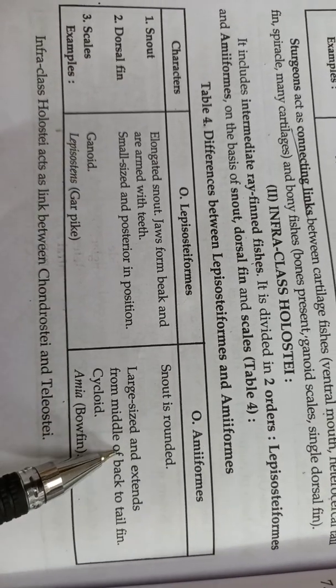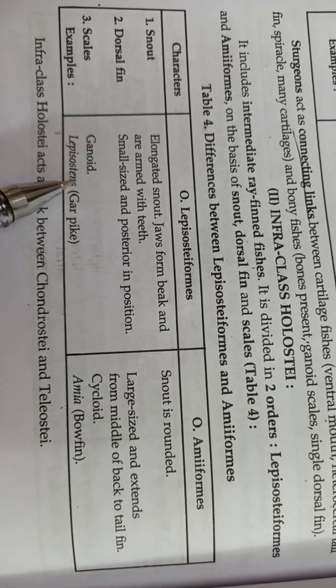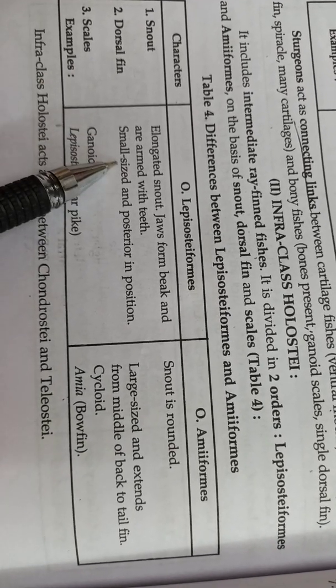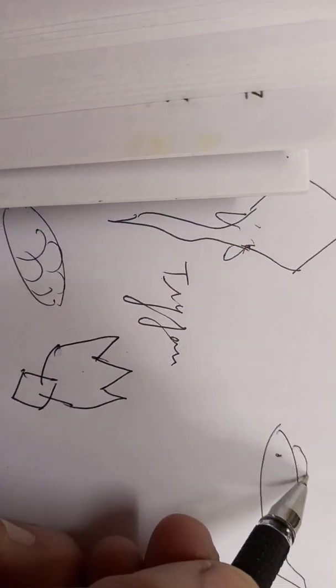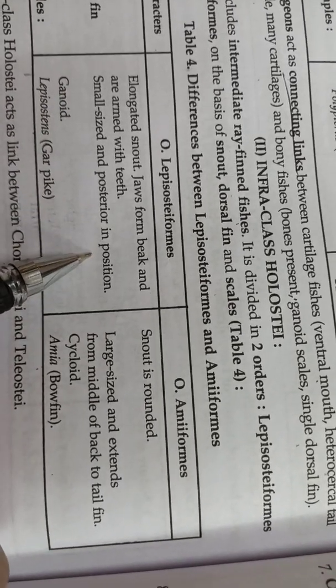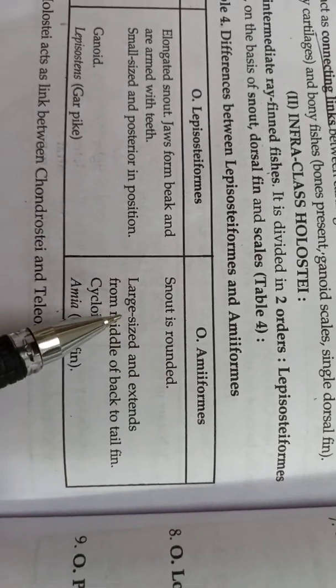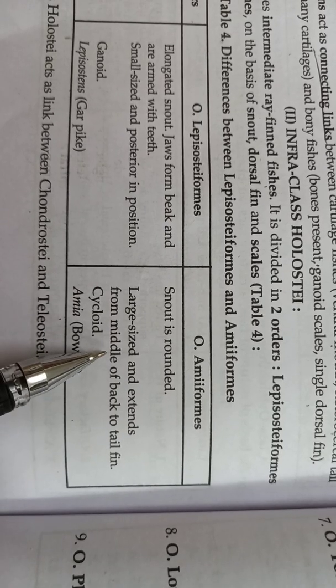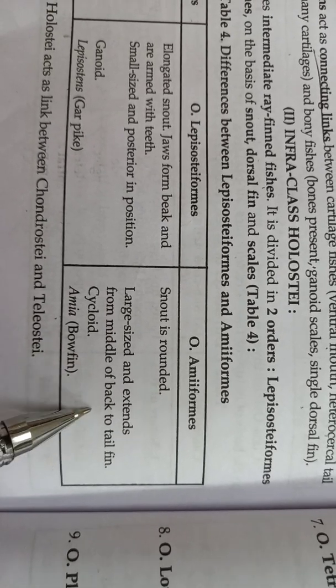Here we have ganoid scales, and here we have cycloid scales. Now the dorsal fin is the fin which is present on this side; this is the dorsal side of the animal, and this is the ventral. Here the dorsal fin is small in size and posterior in position, whereas in Amiiformes it is large and extends from the middle of the back to the tail fin.